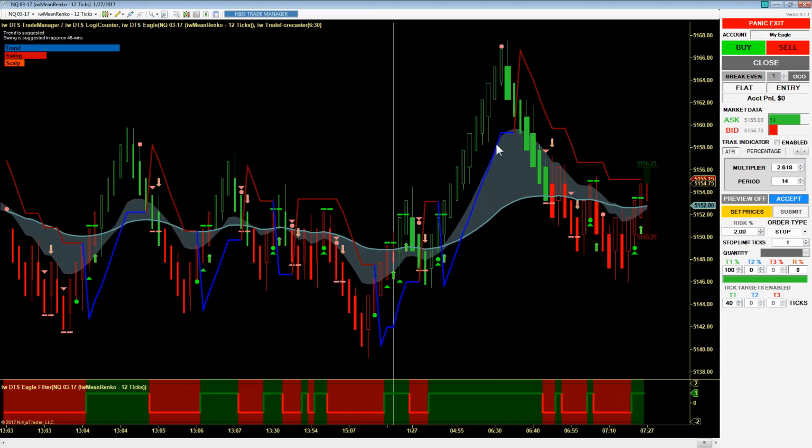So this squiggly red and blue line, that's the ATR. And I'm just going to let it get in sync, so if it trades higher, it will have to flip the ATR around.